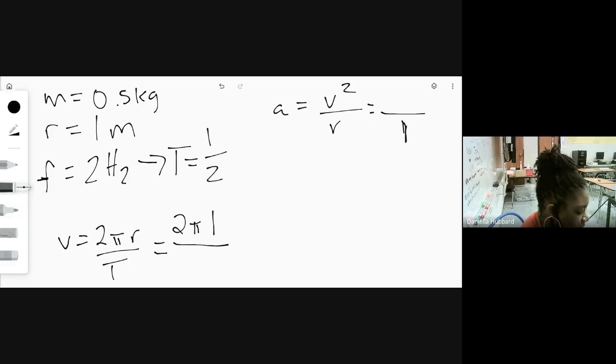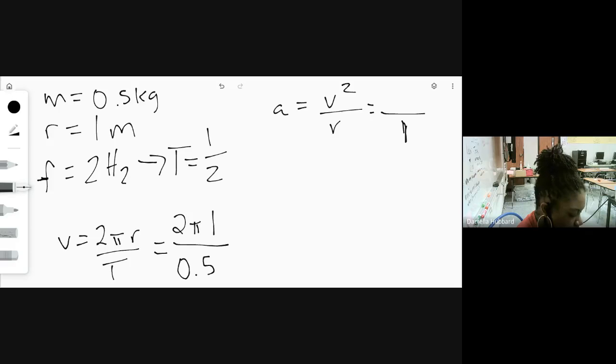So in this case, our period is going to be the reciprocal of our frequency. So it's going to be 1/2. In this case, for calculation, we'll put 0.5 instead of 1/2. So now let's find our velocity so we can find our acceleration.